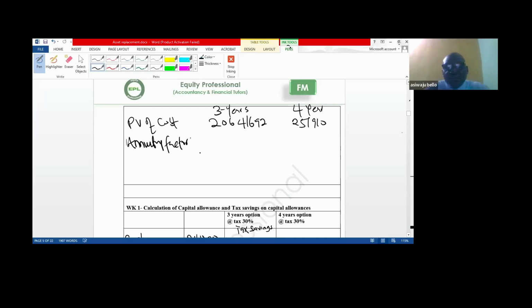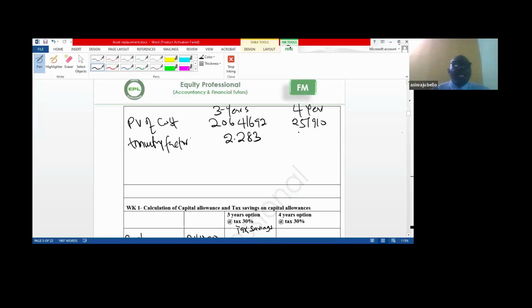or cumulative factor, 15%. Annuity factor for 3 years: 1 minus bracket 1 plus 0.15 raised to power minus 3, divided by 0.15. The annuity factor here is 2.283 for 3 years.